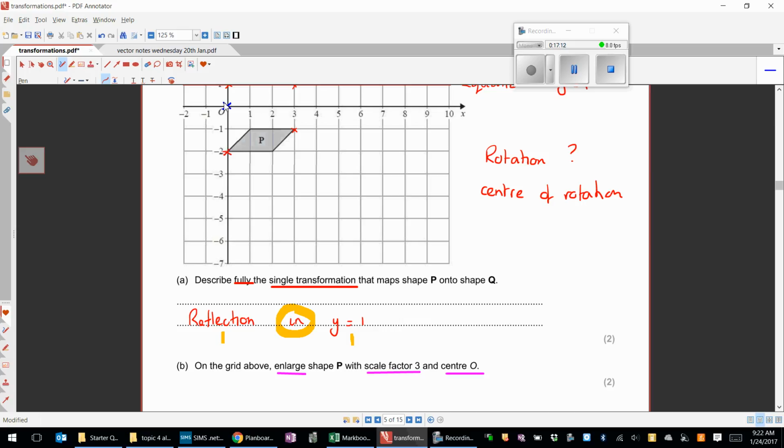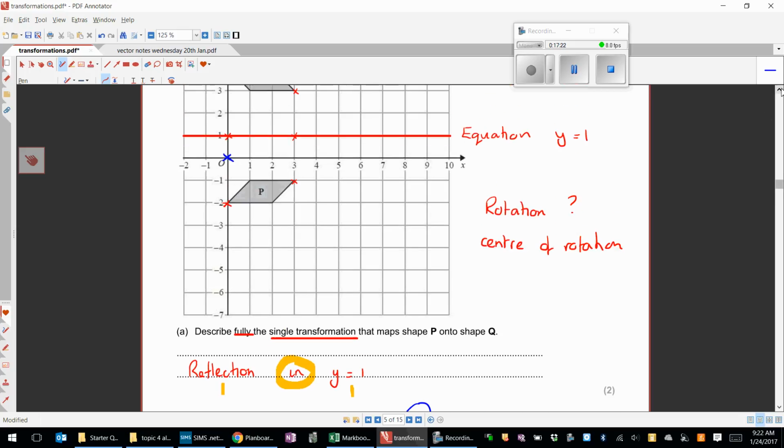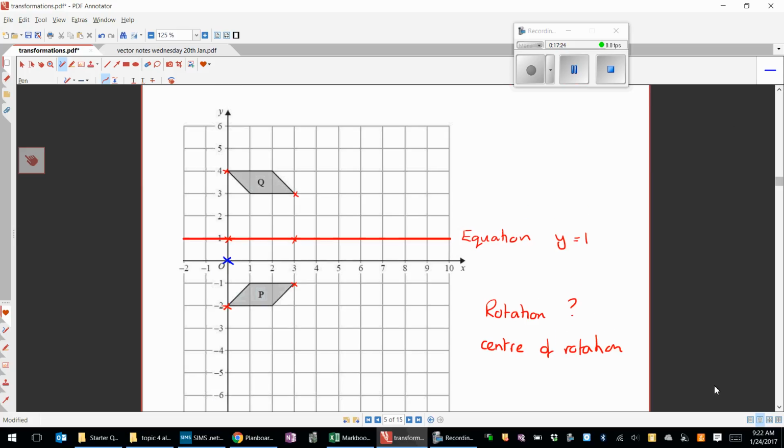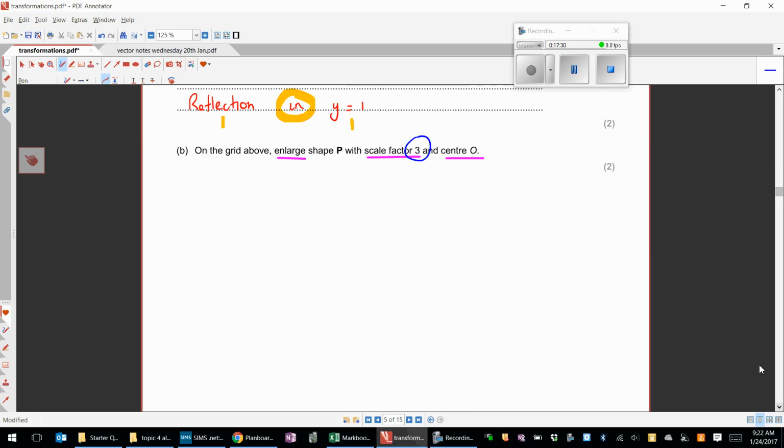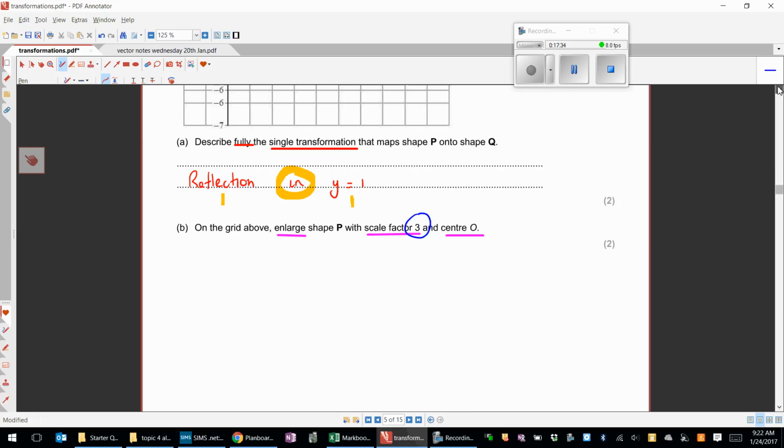Do you know what a scale factor of 3 means? Gets 3 times bigger. Okay? So there are a couple of ways to do it. So which one have we got to do? Shape P. So we've got to do P. Enlarge it 3 times. Okay. So how do we apply a factor of 3 to P?